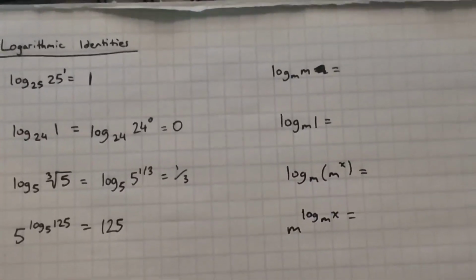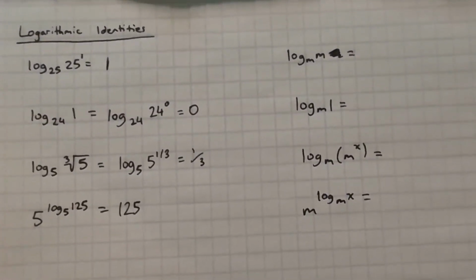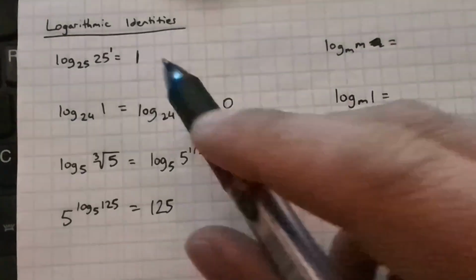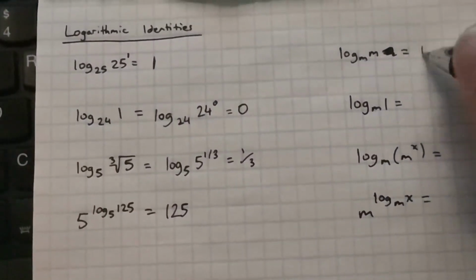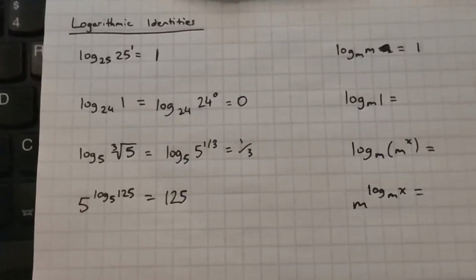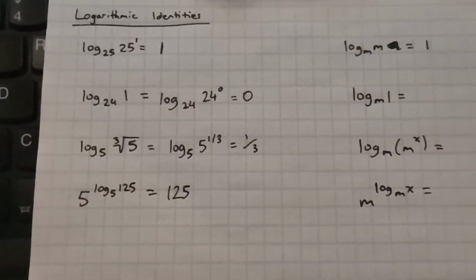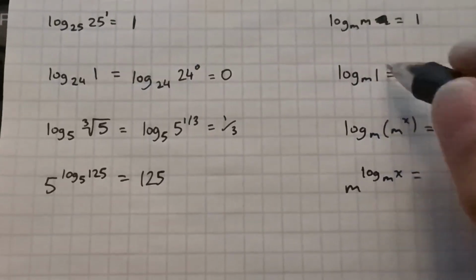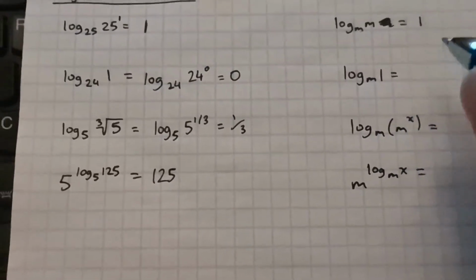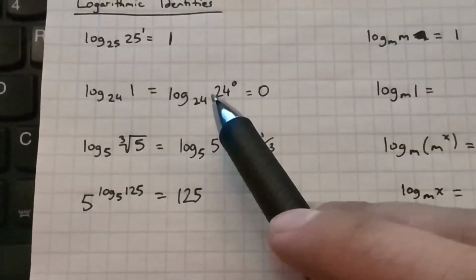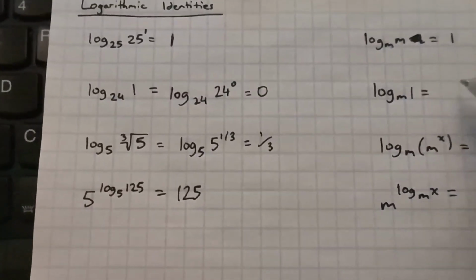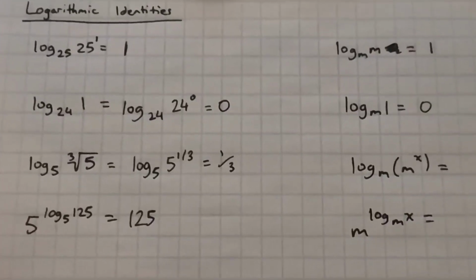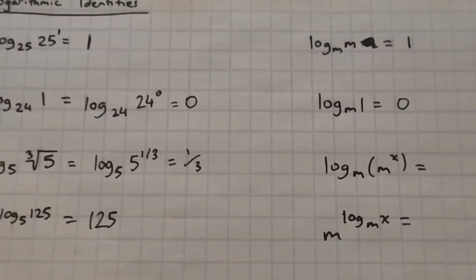So then we can look at our general form a little bit here. If these two things match, just like they did here, this is always just going to equal 1. If we're doing the log base m of 1, just like we did here, that's always going to give us an answer of 0.